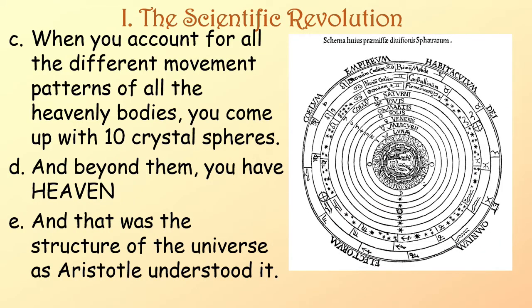So when you account for all the different movement patterns of all the heavenly bodies that you can see, you come up with about 10 or so crystal spheres. And then beyond that outermost one, you have heaven. And that was the structure of the universe as Aristotle understood it. It's actually quite a small universe.